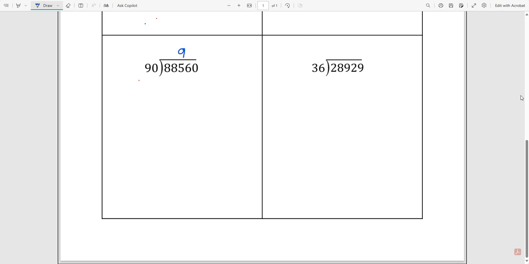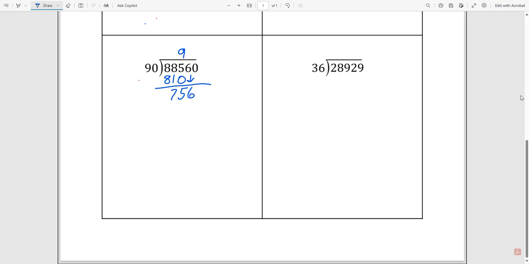So we'll put our 9 right here above the 5. Now we'll multiply. 9 times 0 is 0, and 9 times 9 is 81. That works out for us. Now we'll subtract: 5 minus 0 is 5, and 8 minus 1 is 7. Now we'll bring down the 6.